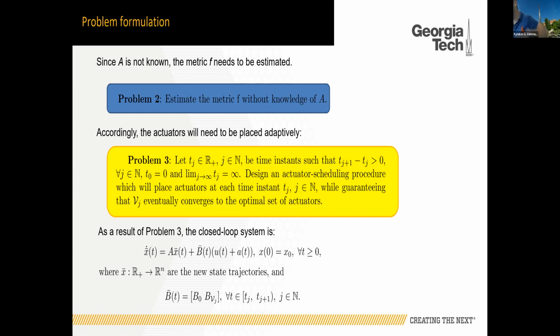So what I will do now is redefine the state space that you saw before, to take care of the definition of what I want to solve for problem 3. So now I have this new state, X bar, and this time-varying B, where I have my B0 and my BVJ, but of course the variation of B happens for all t inside this interval.